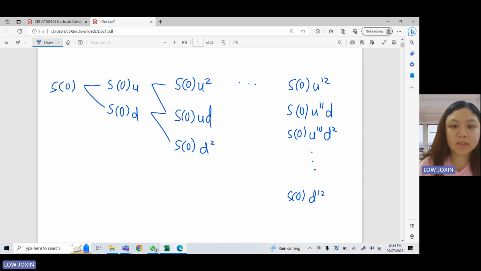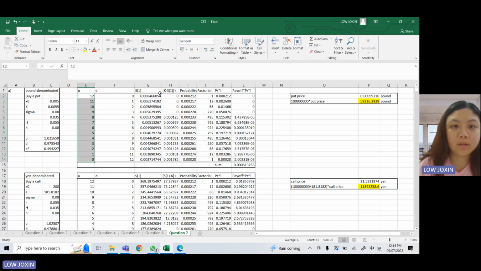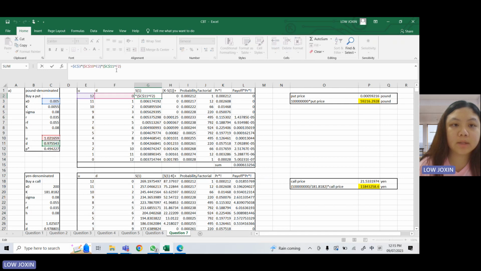So this is the S0. In this case, it is the X0. So X0 times U power 12 and times D power 0.